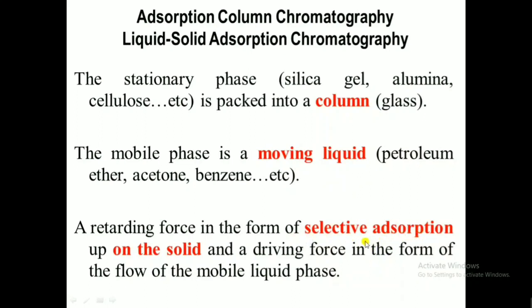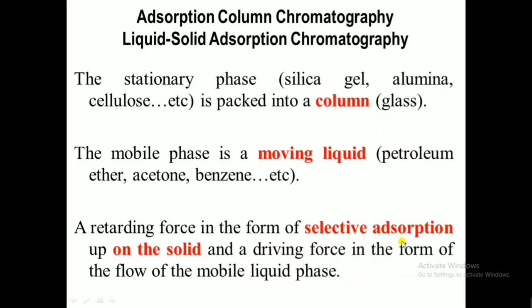Selective adsorption means in your mixture there are different components, and the solid stationary phase, for example silica gel, alumina, or cellulose, adsorbs your components differently or selectively. Some of your components have more adsorption to the stationary phase compared to the others.